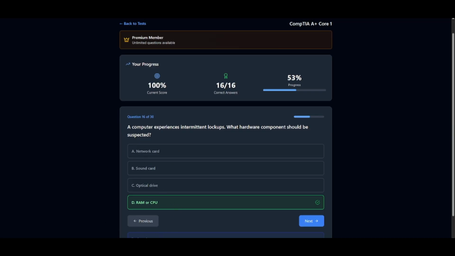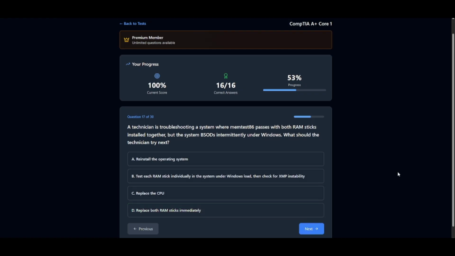It would be something more in the heart of the hardware of your computer. So we get to the answer D, RAM or CPU. Although it's important to note, sometimes CompTIA will put silly questions like this on the test to try and throw you off, but just stay true to your guns and you will do okay with these type of questions. Regardless, let's move on to question number 17.